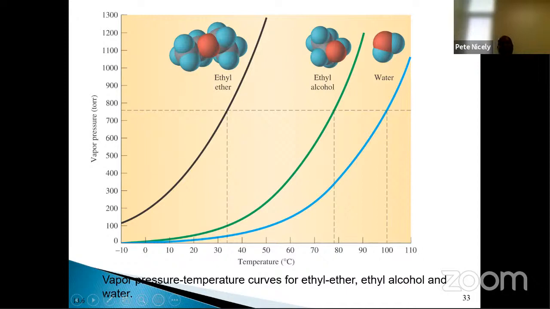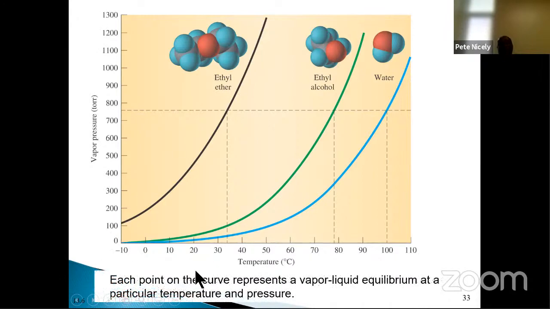If the vapor pressure of the liquid is equal to 1 atmosphere, which is 760 torr, represented by this line right here, then all we have to do to find the boiling point of each liquid is drop a vertical line at the point where this horizontal line cuts each curve.